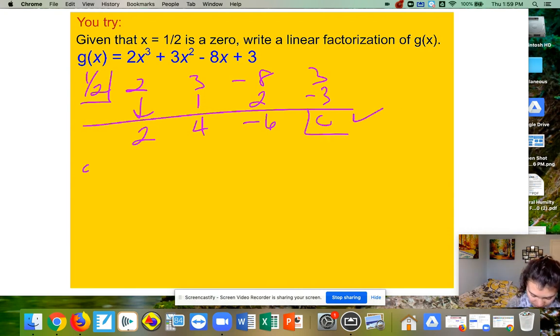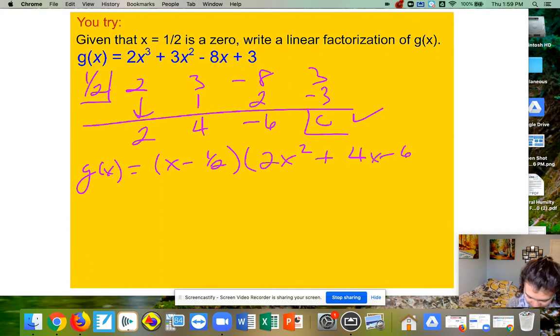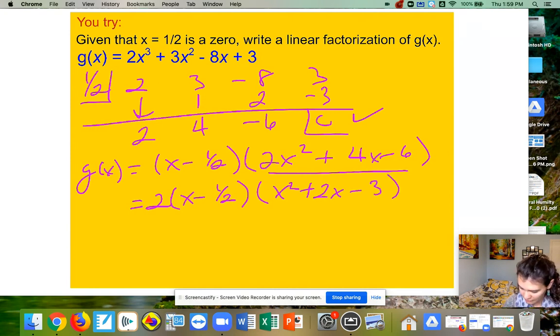If we write out what we have so far, we have x minus 1/2, and then 2x squared plus 4x minus 6. You can factor a 2 out of this one to get 2 times x minus 1/2 times x squared plus 2x minus 3. And then we can factor this again. This is the same one we've already done.